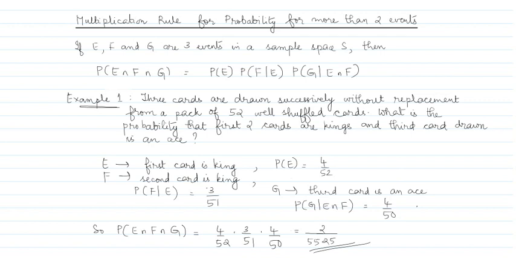That is, the first 2 cards are a king and the third one is an ace, would have a probability 4 by 52 times 3 by 51 times 4 by 50, which should be 2 outcomes out of 5525 outcomes. That's the probability of this event to happen. Okay, I hope it is clear.